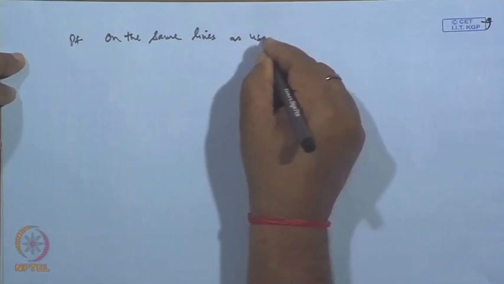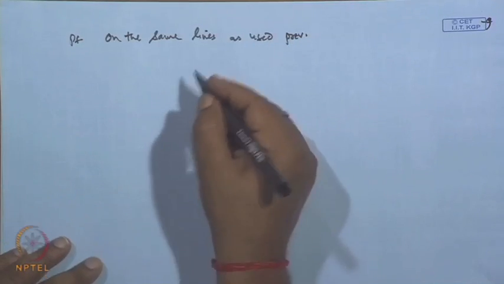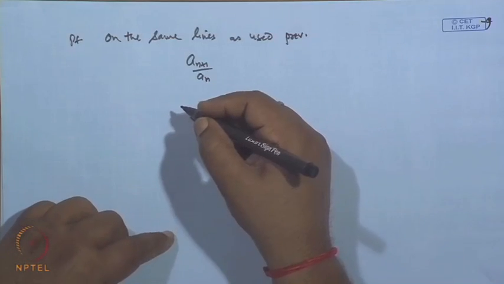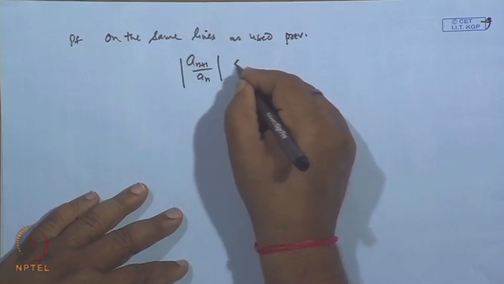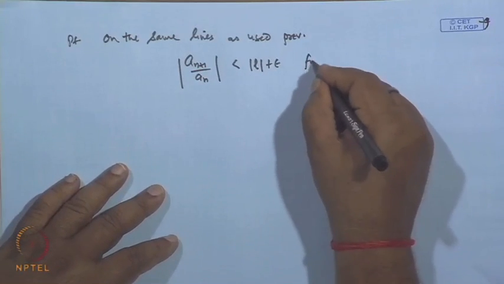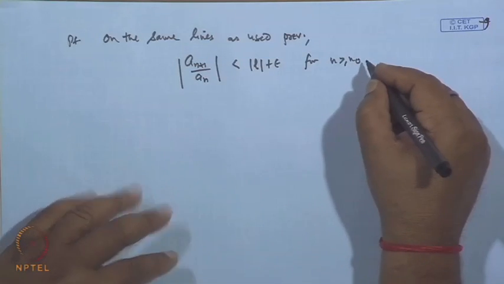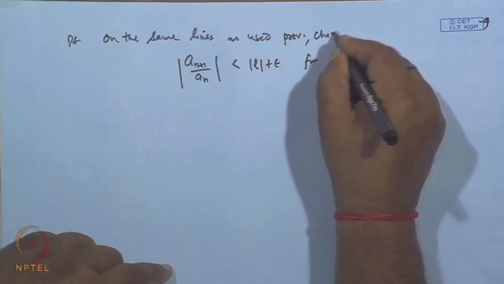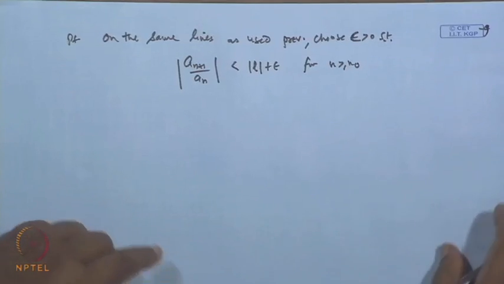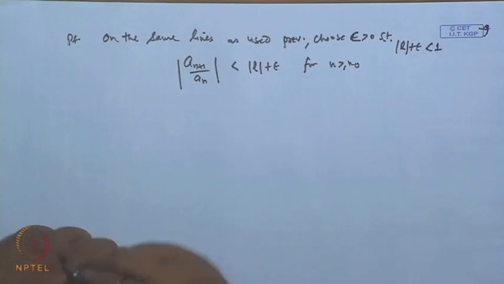as used previously. Okay. We can say that mod of a_(n+1)/a_n is less than mod L plus epsilon, for n greater than or equal to n naught, where we choose epsilon greater than 0, such that mod L plus epsilon is strictly less than 1.